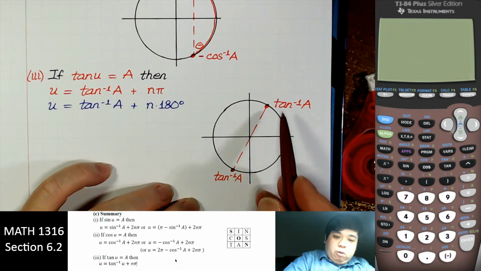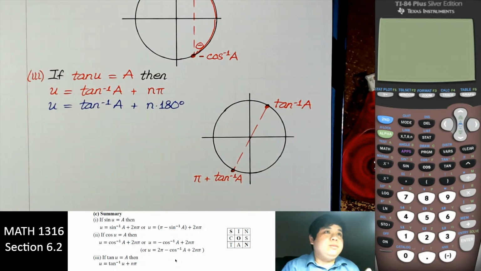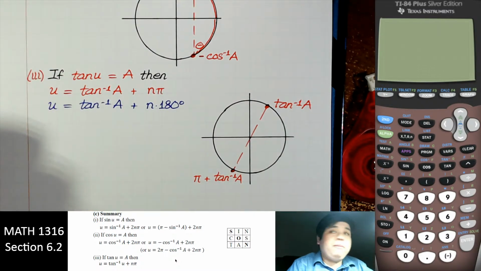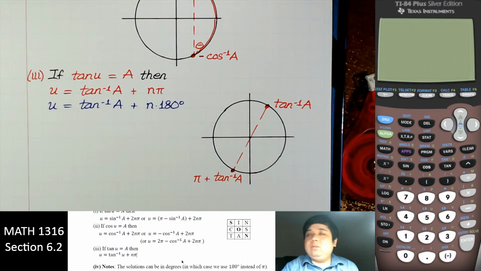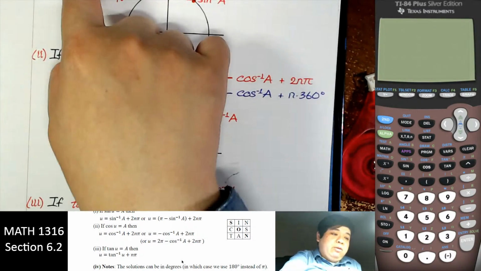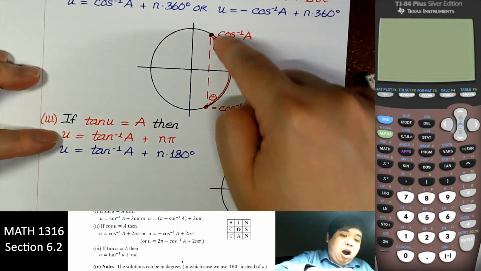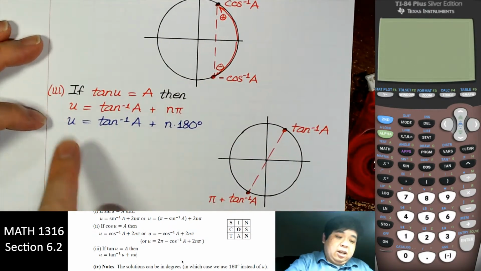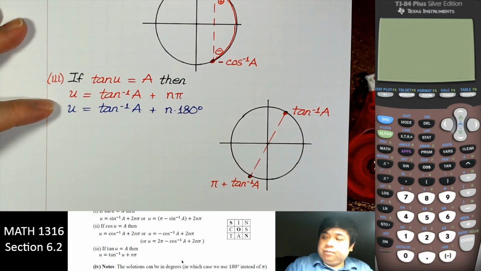And to get the point from there to there, we're going to add a pi to it. Right? Now, once again, for sine, opposite from the y-axis, cosine, opposite from the x-axis, and tangent, opposite from the origin.